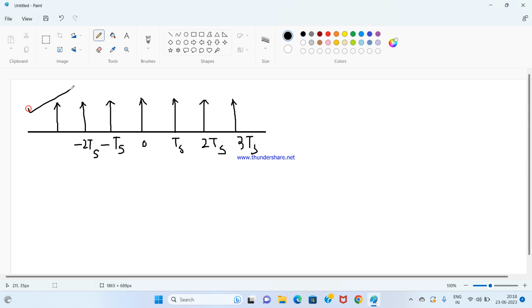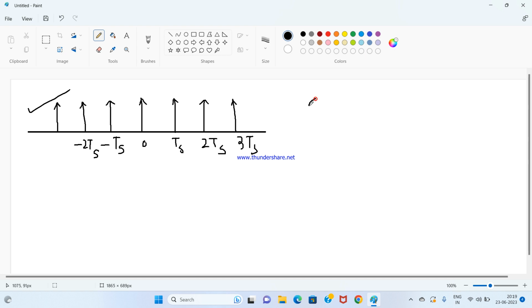Now if I represent this function in the form of an infinite series, which is the Fourier series, first I have to calculate the coefficients. This impulse function is repeated every Ts time, so that is the period.